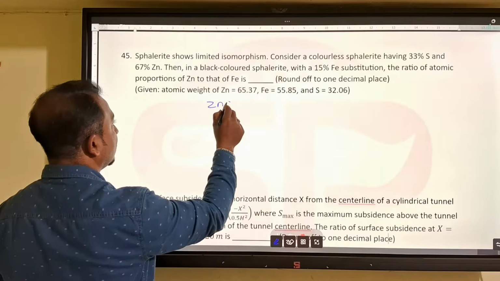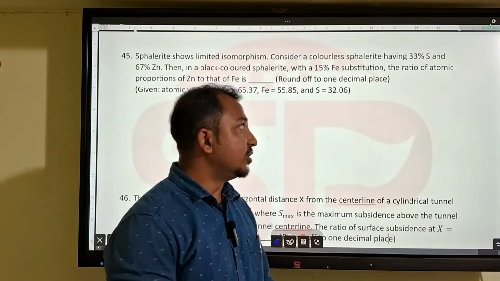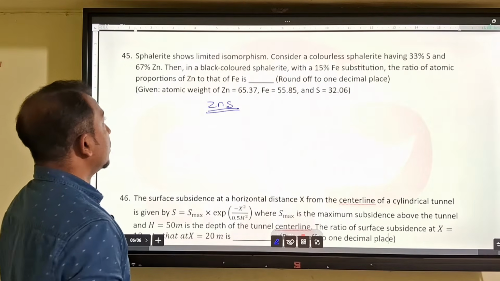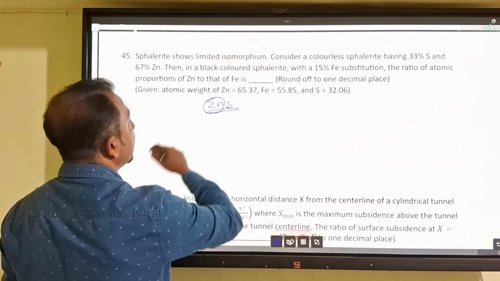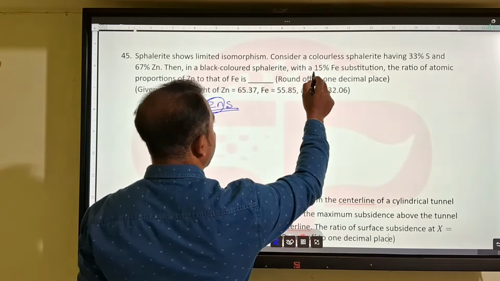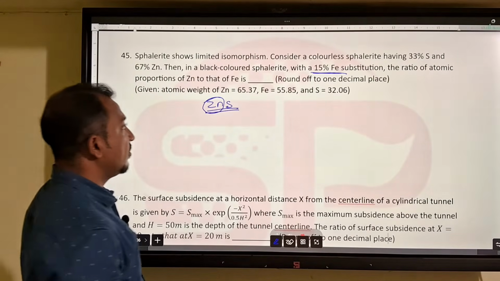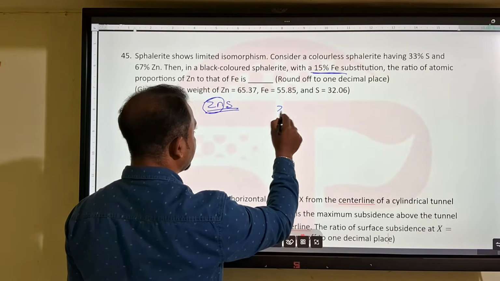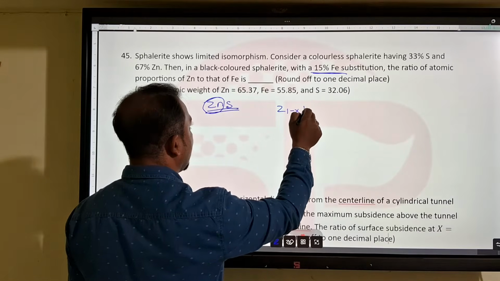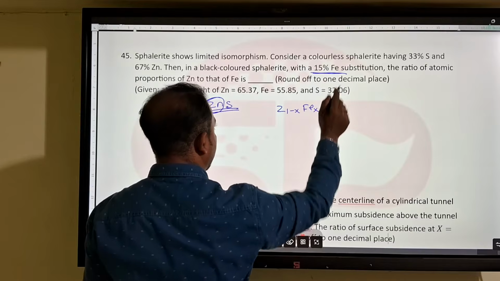It is ZnS, zinc sulfide. It is an ore of zinc. So this Zn place is occupied by Fe, so we can write down the formula like this: Zn 1 minus x, Fe x, then your S.